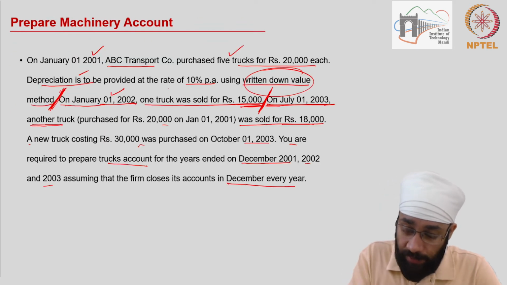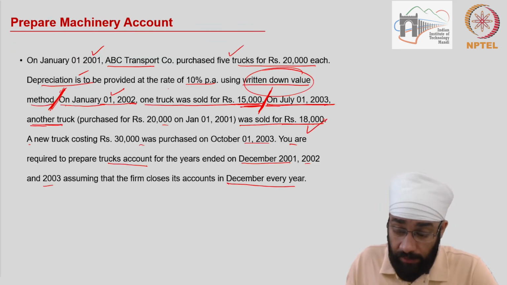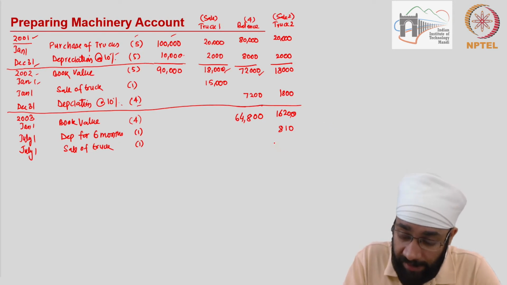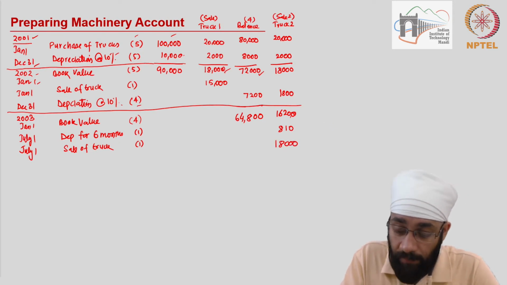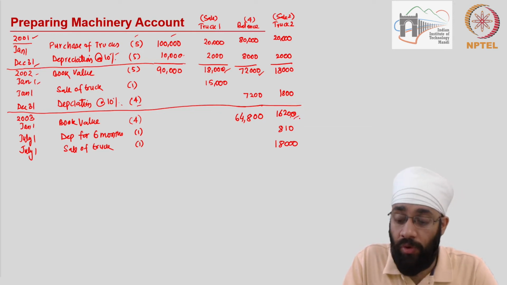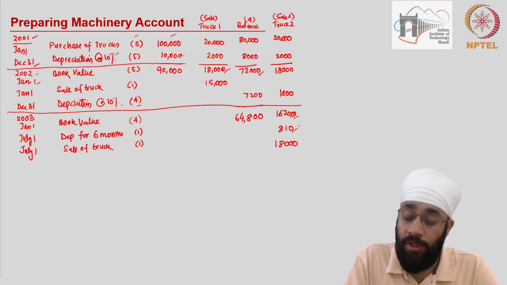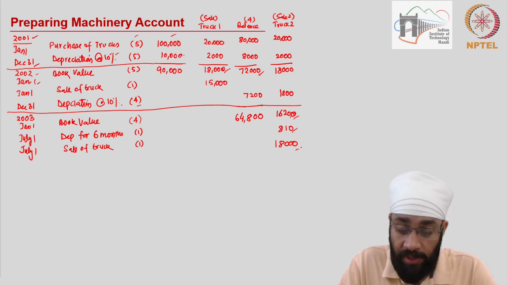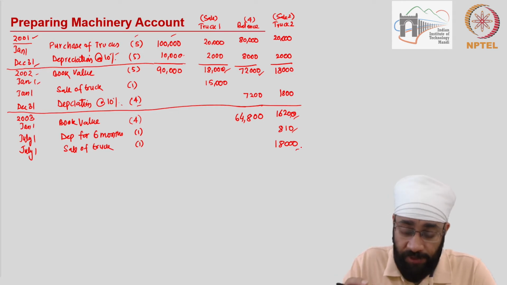The price at which it is being sold is 18,000. So you're selling it off at 18,000. Clearly there is a profit because the value of the truck was 16,200 minus 810. So there is a profit that will occur at the sale of this truck here. So this transaction is done.